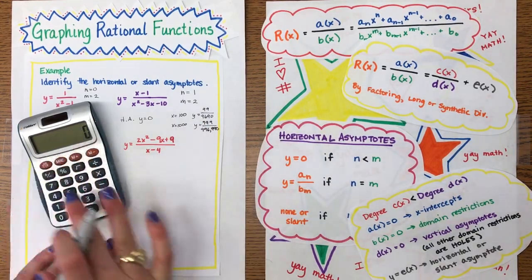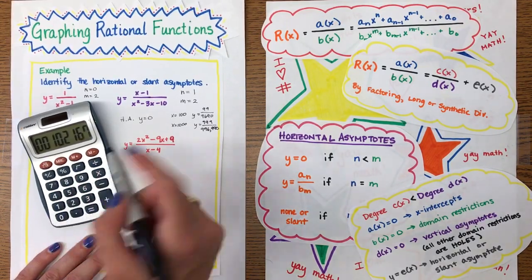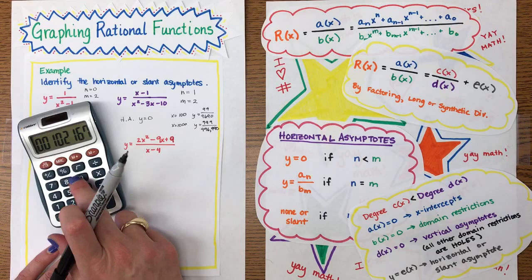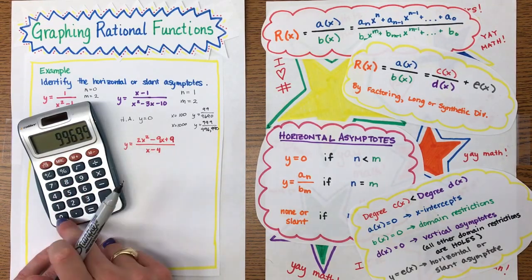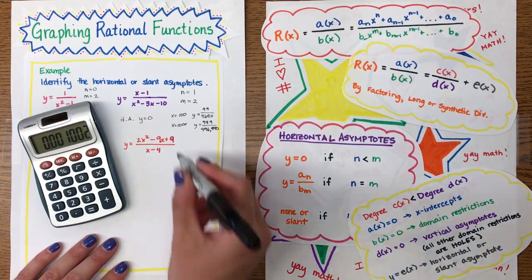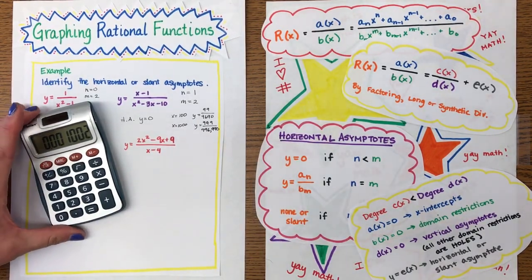If I look at the ratio, 99 divided by 9,690 is 0.01, and 999 divided by 996,990 gives me 0.001. This number is getting smaller and smaller, and it's approaching 0.